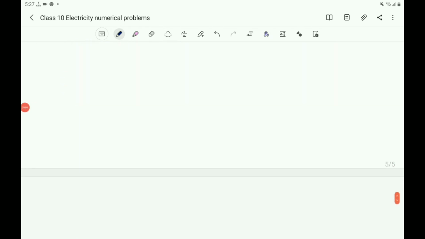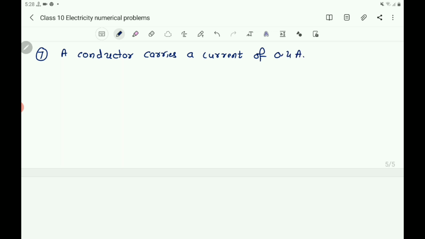Next let us take the seventh question. A conductor carries a current of 0.4 amps.